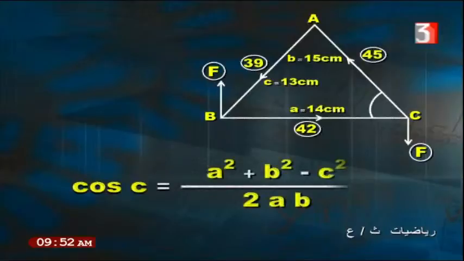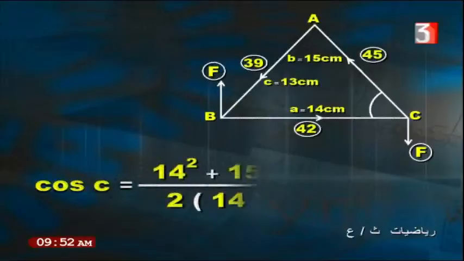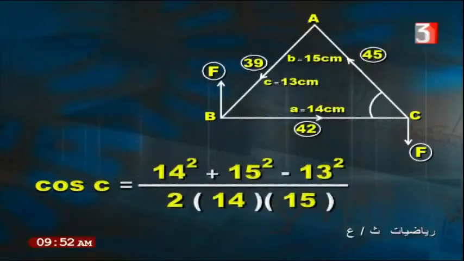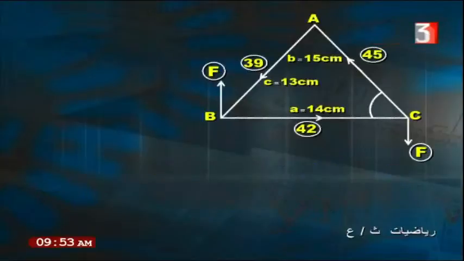Cosine C equals 14 squared plus 15 squared minus 13 squared over 2 times 14 times 15, which equals 3 over 5. This is cosine C.